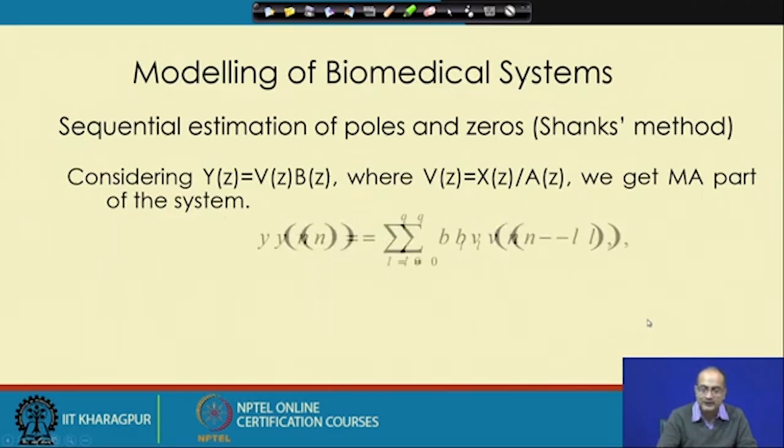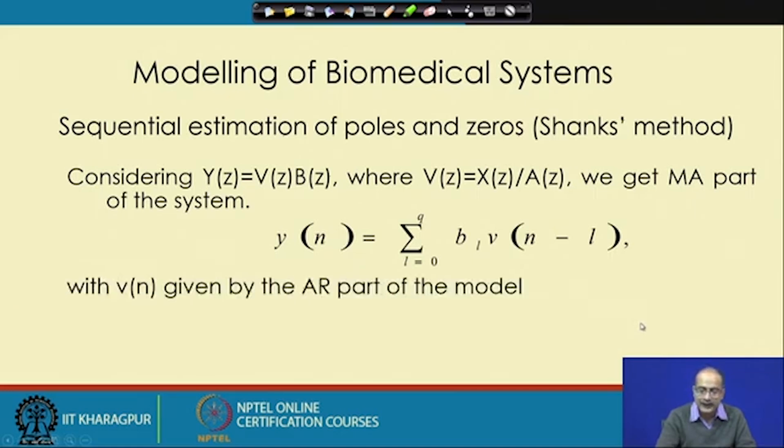So, we are decoupling the thing in a way, for that purpose we are choosing a variable V, which is an intermediate variable, which is helping to separate, or break, this general equation into two parts. One part is only the MA part, another part is only the AR part.